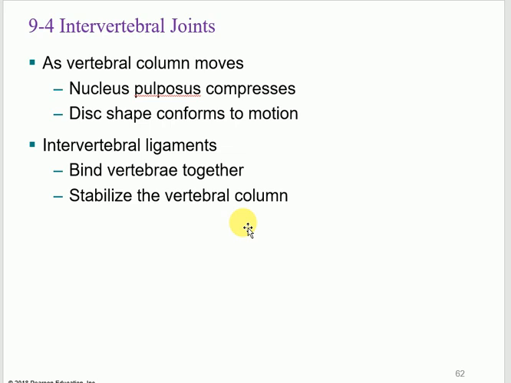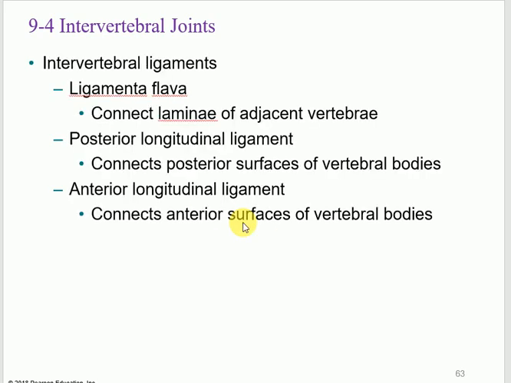Okay, now there are ligaments holding these vertebrae to each other for stabilization. The first one is called ligamentum flavum, and this is connecting the laminae. Do you remember the lamina? The pedicle and lamina, do you know this? It's in your exam. The pedicle connects the body to the transverse process.